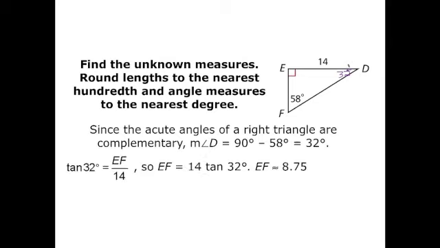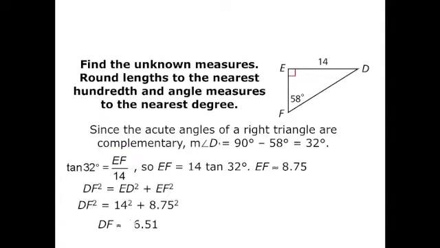The tangent of 32 is EF over 14, as you can see right here. And so in order to solve for EF, all I end up having to do is multiply 14 tangent of 32. All right, and then we can use the Pythagorean theorem to find the other side, DF.